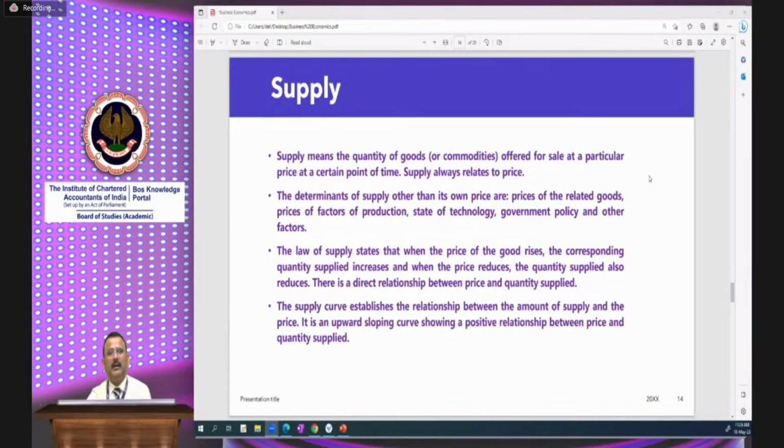Or if the supply is high and demand is less, the price will be less. So in economics, demand and supply play an important role. The shape of the supply curve and the demand curve also determines the equilibrium level, the equilibrium price and the quantity.